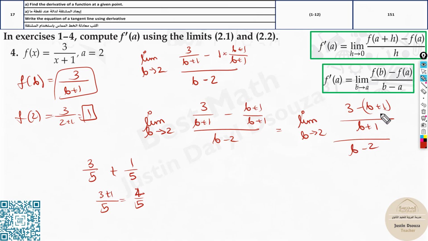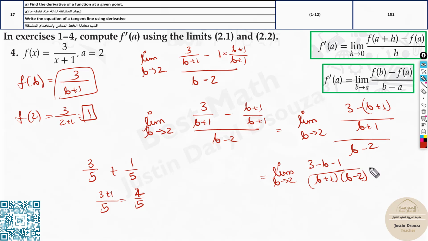Okay, now what do we do? So let's write the limit as b tends to 2. Here we have 3 minus b minus 1 because this minus sign is multiplied to both the terms. We have b plus 1, and I told you when this is divided by both these terms, we write it directly over b minus 2.